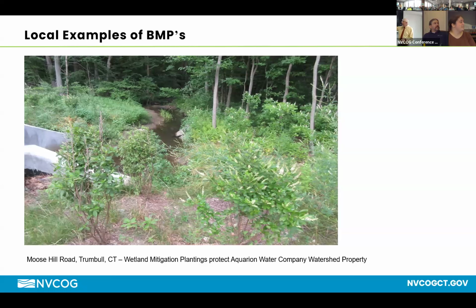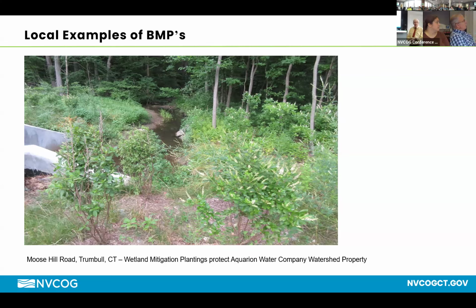The other feature of that is it abuts Aquarion Water Company Class 1 public watershed areas going into one of their reservoirs. So we work very closely with Aquarion's watershed protection people to come up with restoration and sediment erosion controls that incorporate a lot of native plantings along the brook. And they've grown in very, very well.